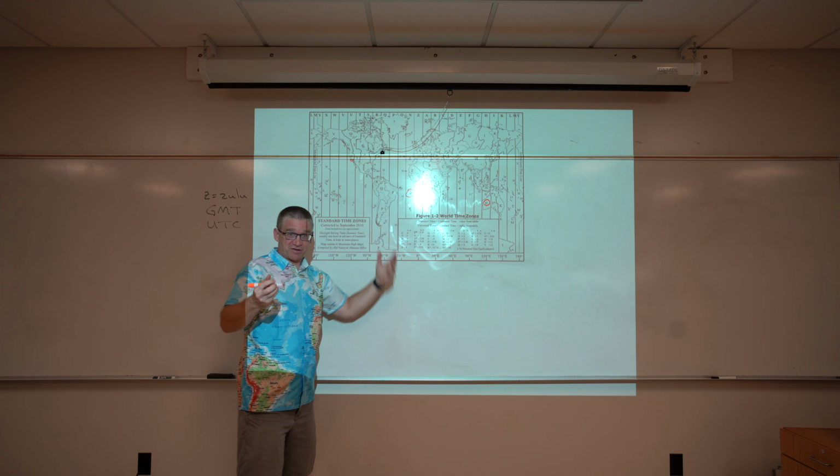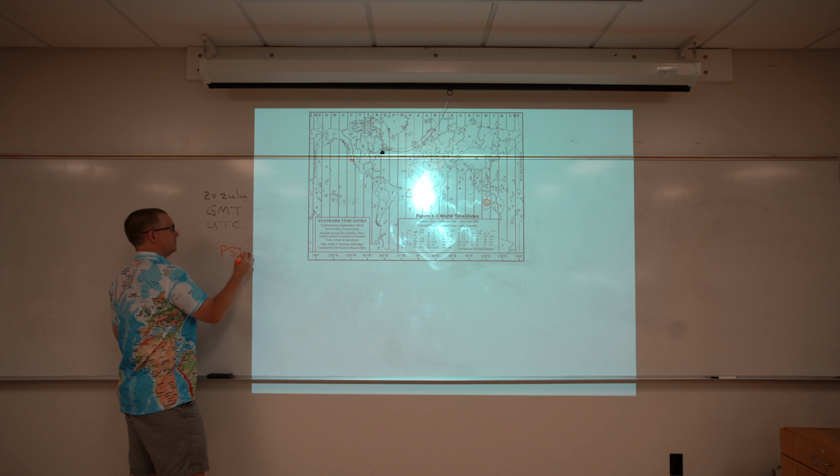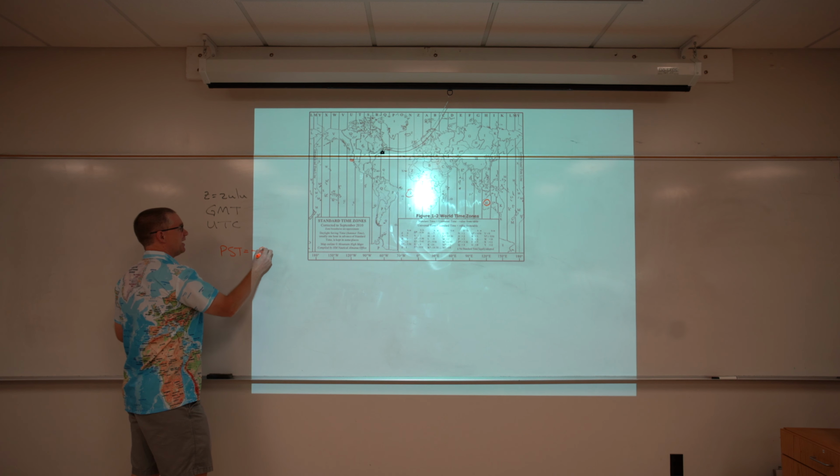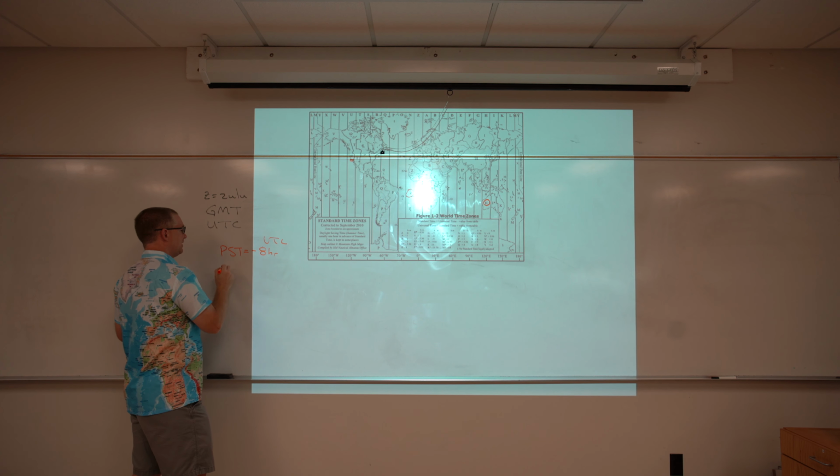And it turns out, just so you know, for Pacific Standard Time, we are 8 hours behind UTC. And for Pacific Daylight Time, when we're daylight saving, we're 7 hours.